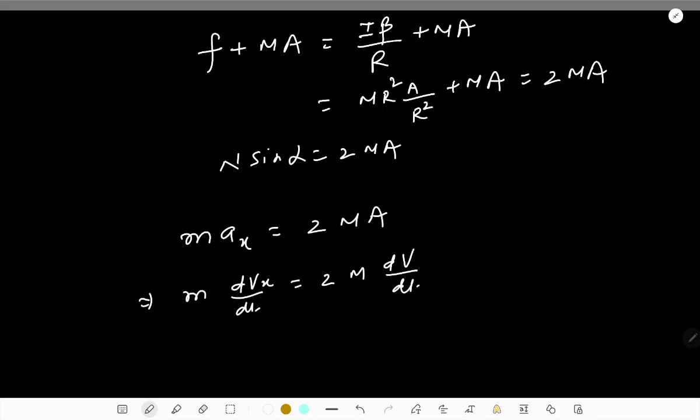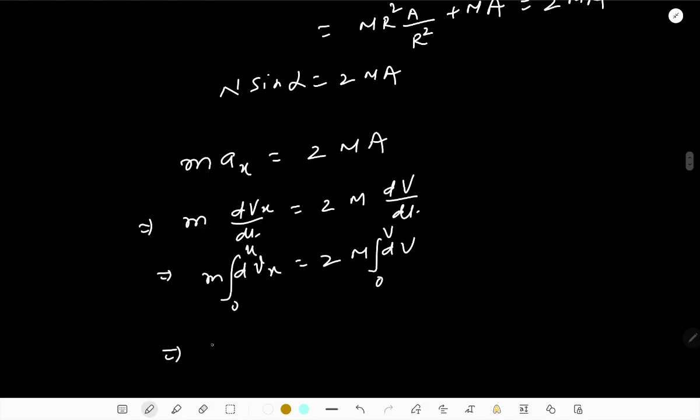That is the velocity of the cylinder at any moment. And so we have got m dvx equal to 2m dv, and integrating it from 0 to v and this from 0 to u, we get the relation something like mu equals twice mv.